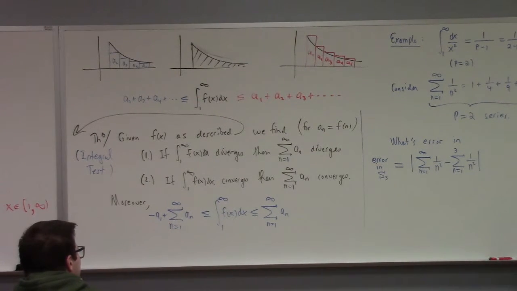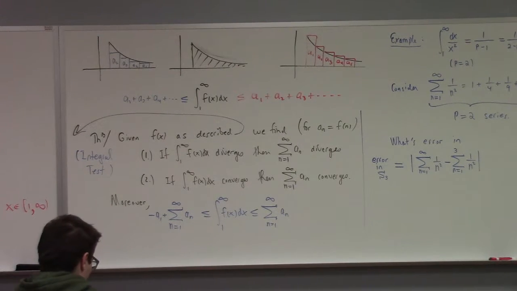I mean, it's not wrong, it's just not right. Again, that is true, but how does it help me bound the error in the third partial sum of the p equals 2 series?